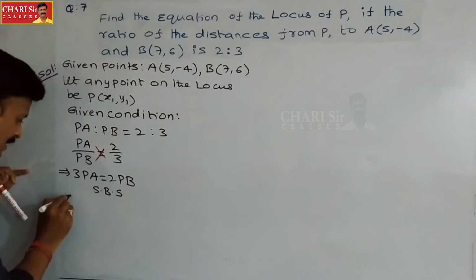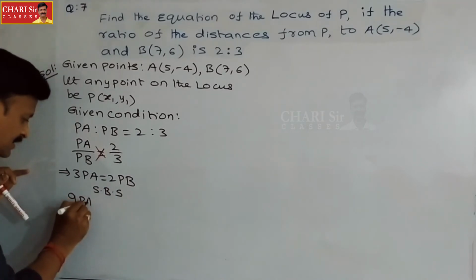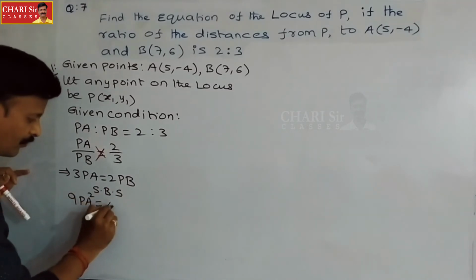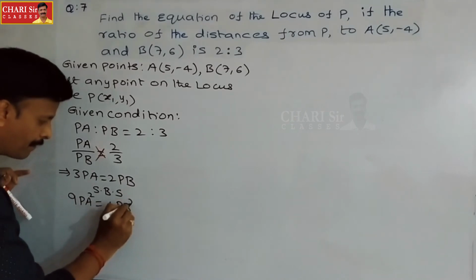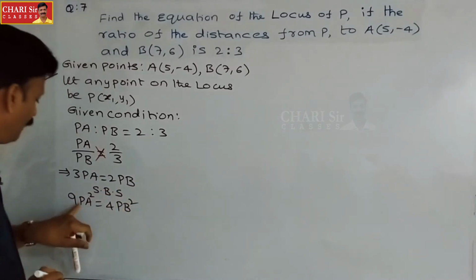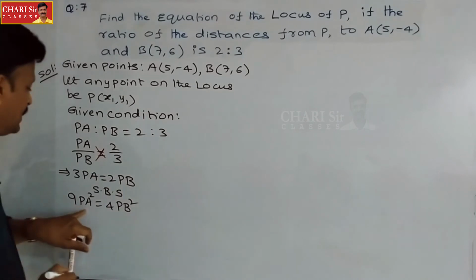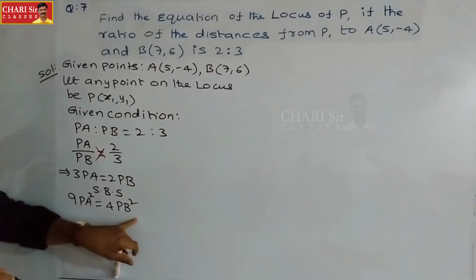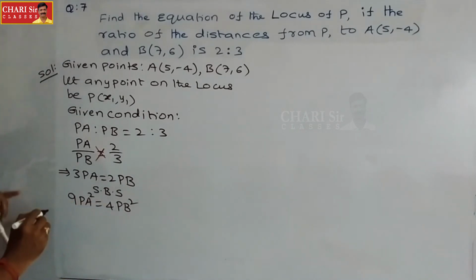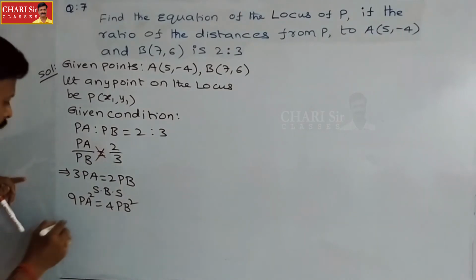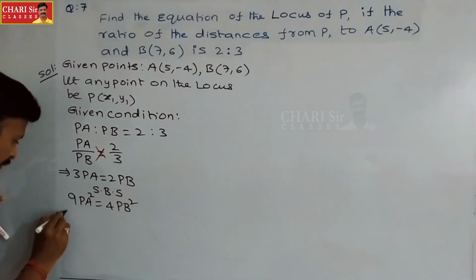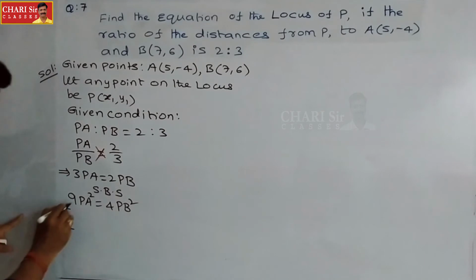That is 9PA square is equal to 4PB square. Now we need to put the points in the distance formula, PA distance formula and PB distance formula. Let's write down here 9 into PA square.